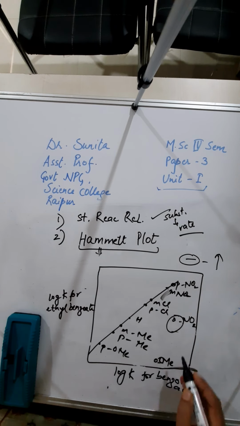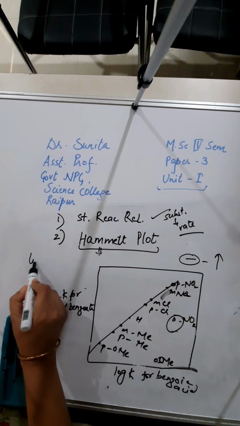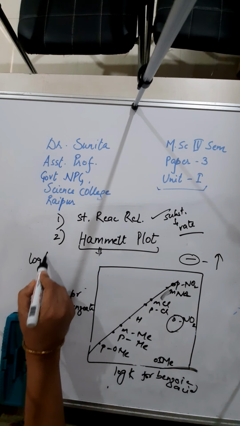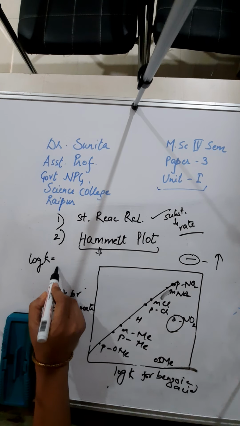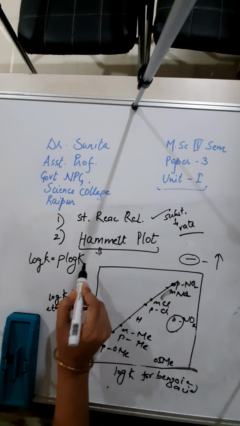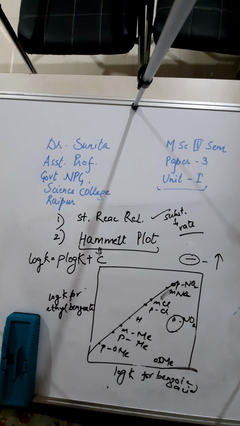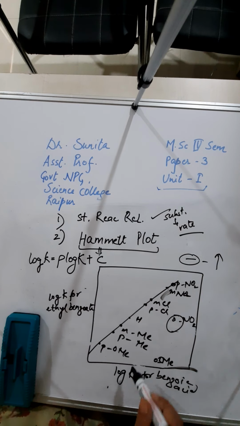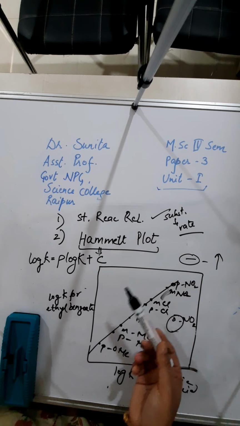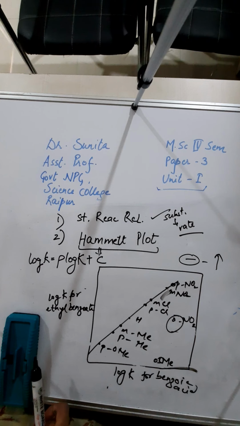So here we got this equation from this plot: log of the rate constant equals rho times log of the equilibrium constant plus a constant C. Now it is very clear that the Hammett relationship applies only to systems where the substituents are attached either to the meta position or to the para position.